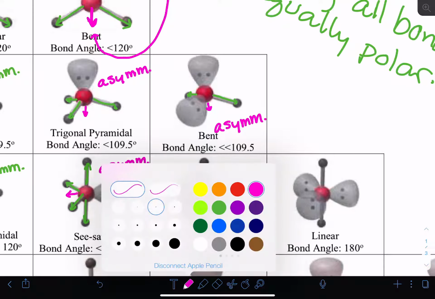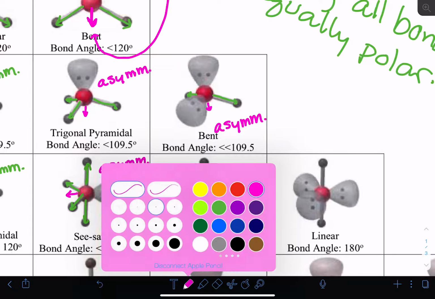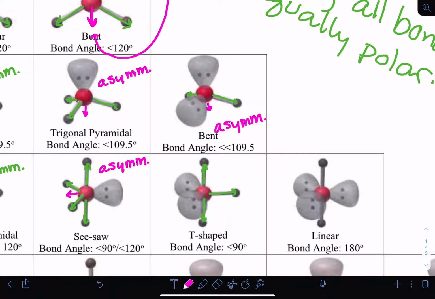This one is asymmetric. T-shape, straight up and straight down pretty much cancel each other out, but we've got this one pointing to the right with nothing pointing to the left. So that is also pretty much our net dipole here as well. Then we're back to a linear geometry with our bonds pointing in exactly opposite directions. So this one is symmetrical.